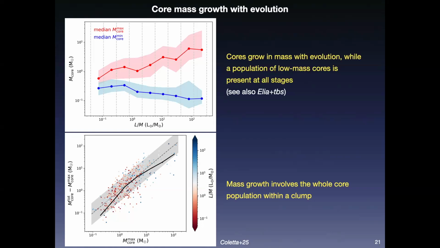This is also investigated in more detail in the paper of Davide, which is going to be submitted very soon, which addresses the correlation between the core and clamp properties in a more systematic way. The two main interpretations of this trend, especially for the blue part, are that we could be observing the same population of low mass fragments, which are essentially unaltered throughout the evolution.